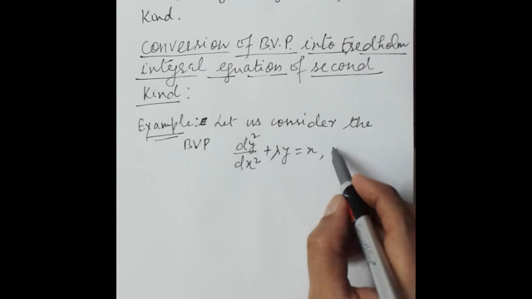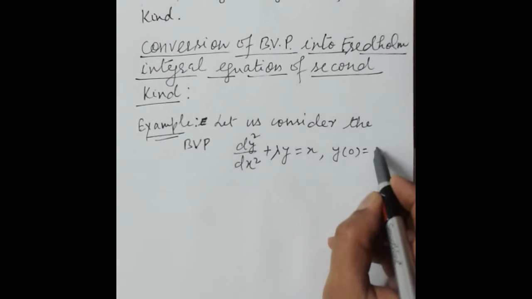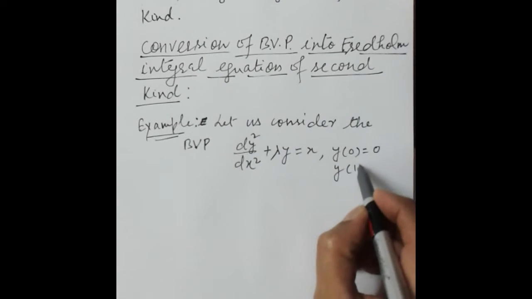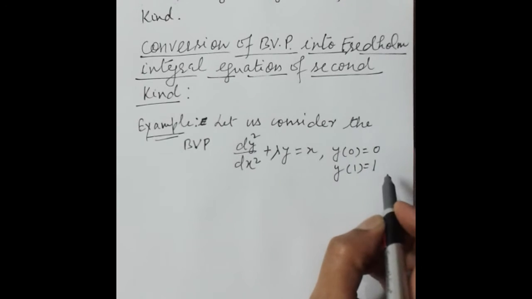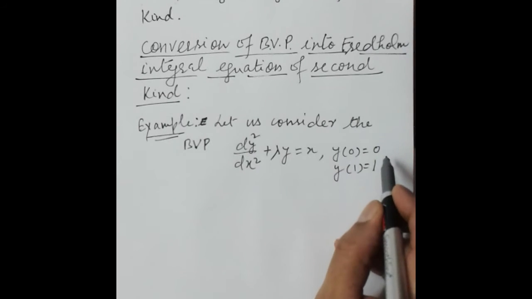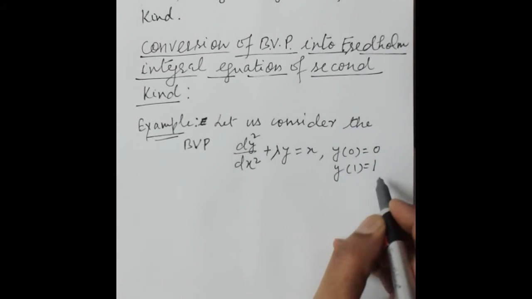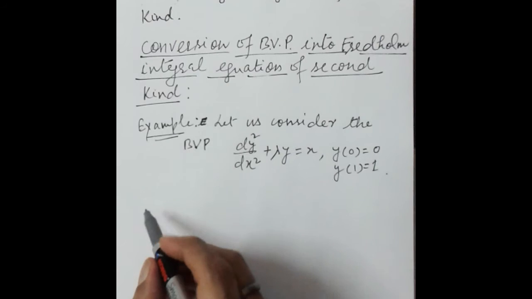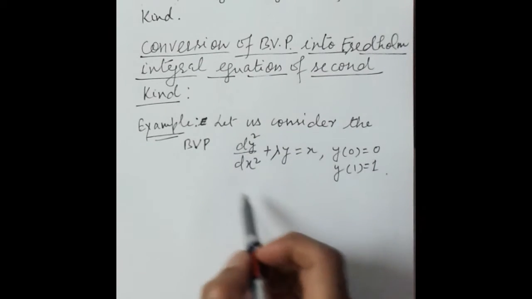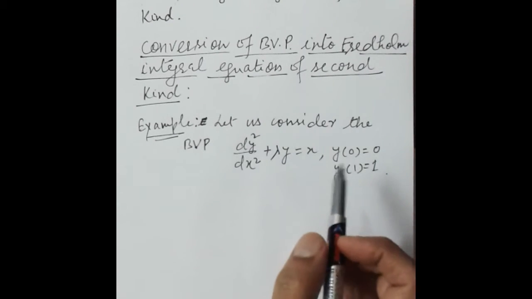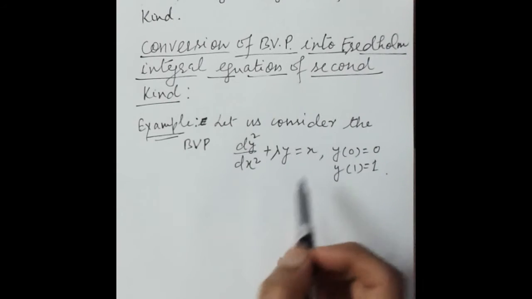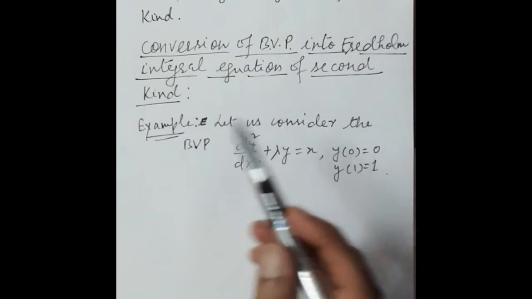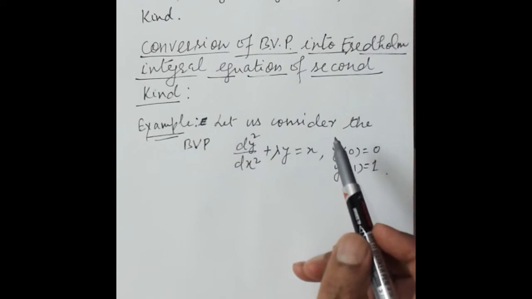Boundary conditions are y(0) equal to 0, y(1) equal to 1. Now, we convert this boundary value problem into Fredholm integral equation of second kind.